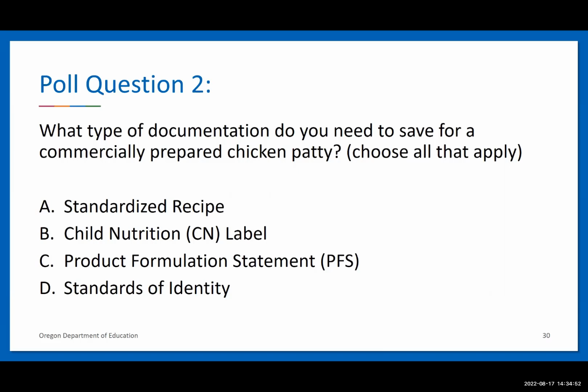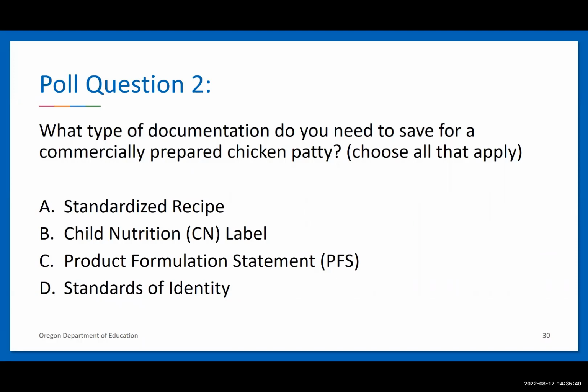So this is commercially prepared and a chicken patty. Okay, we'll wrap it up. Let's close this poll in 5, 4, 3, 2, and 1. Let's close and share our poll results.